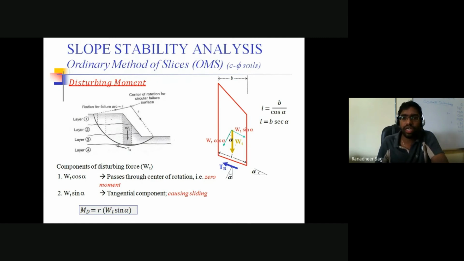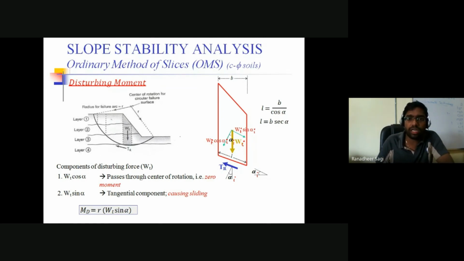The weight of that particular ith slice is going to be resolved into components: the component of the weight tangential to the failure surface, and the component of the weight perpendicular to the failure surface.